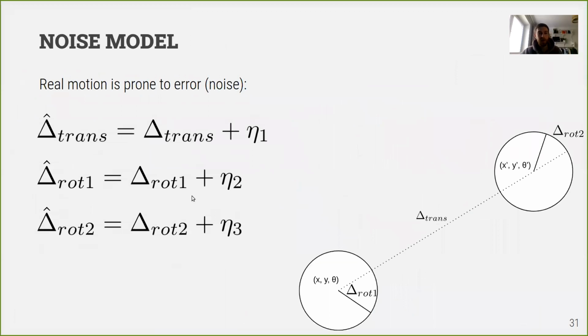Okay, so these are equations, how we estimate robot motion. And actually now it's the time to add some noise to our model. As we said, there are different external and internal factors which make our motion not precise. And we will just represent it in our model with three additional terms, which stand for noise. And here is all the magic, here is all the science actually: what noise types we will use here.